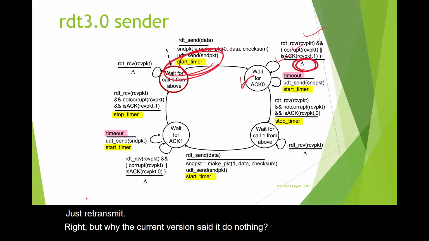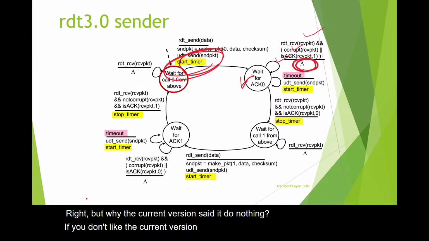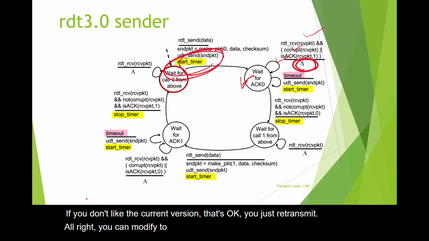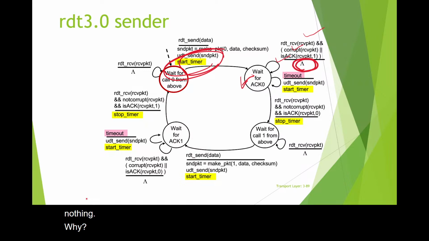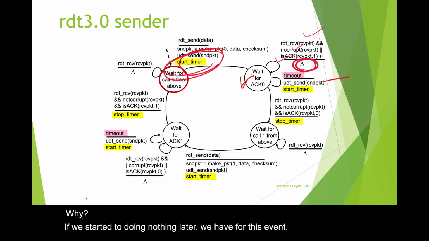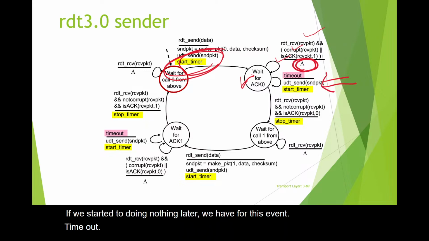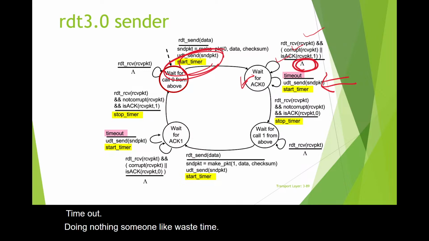If you don't like the current version, that's okay, you can modify it to retransmit, but the current version sets it to doing nothing. Why? If we do nothing, later we have this event, timeout. Doing nothing is somewhat like wasting time, until we have a timeout.